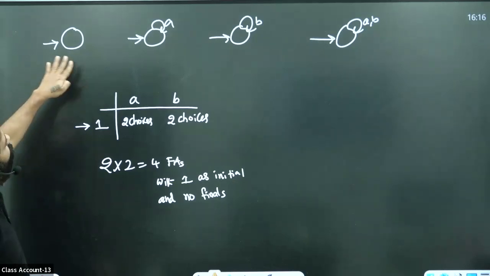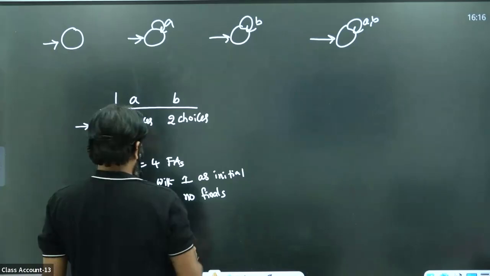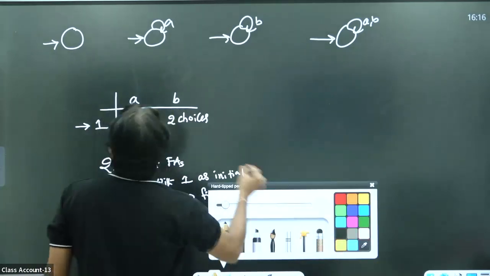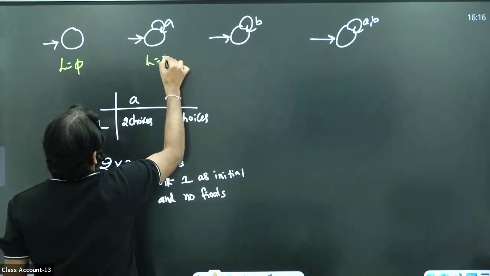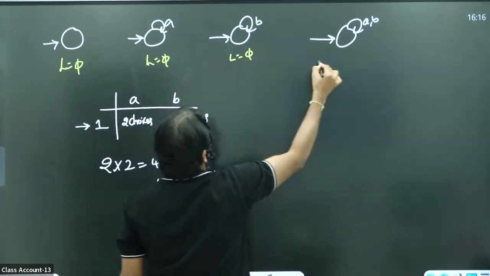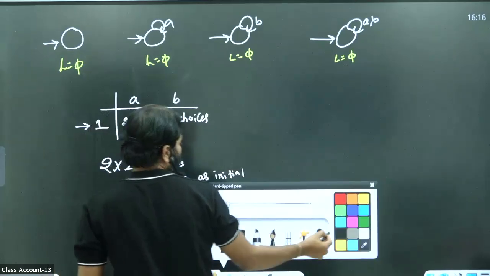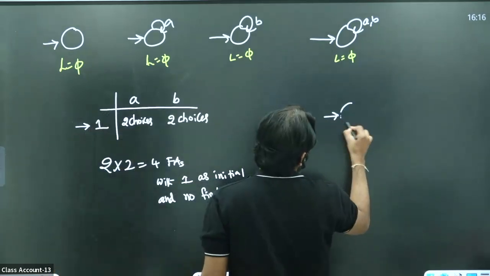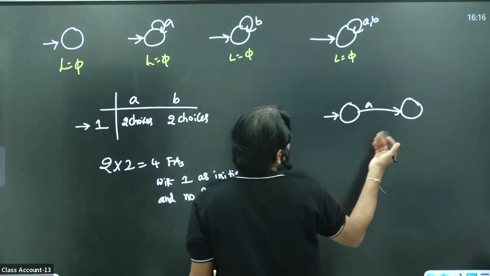Here, look, all of them are doing the same job. They accept which language? Here also the language is empty. Here also the language is empty. Here also the language is empty. And now somebody can come up with 2 states also. This is also fine.